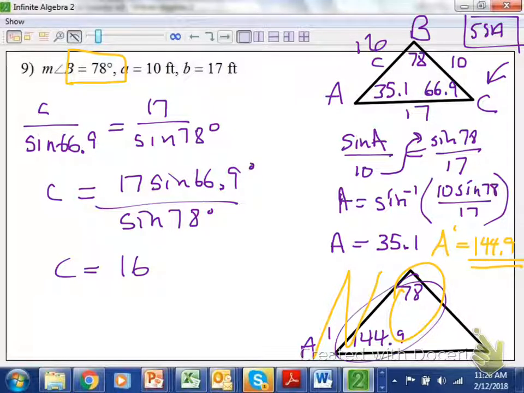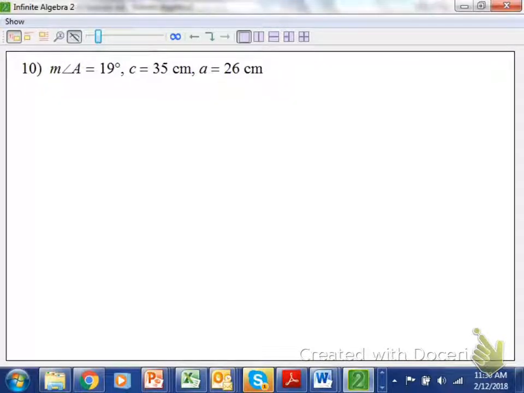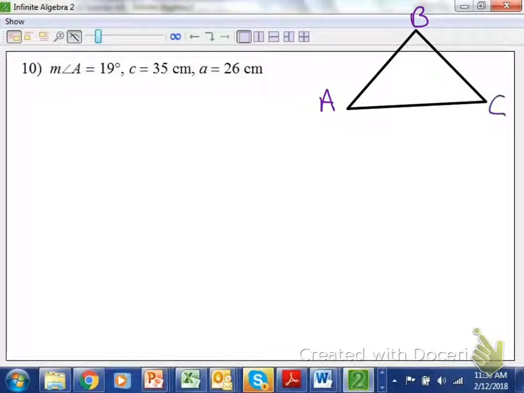All right, let's do one more. Let's do number 10, and then I believe number 10 has two triangles. Did it have two triangles? So that's the difficult case, right? Finding that second triangle if you have two triangles. So let's start out by drawing our first triangle. A, B, C. Alpha, beta, gamma.